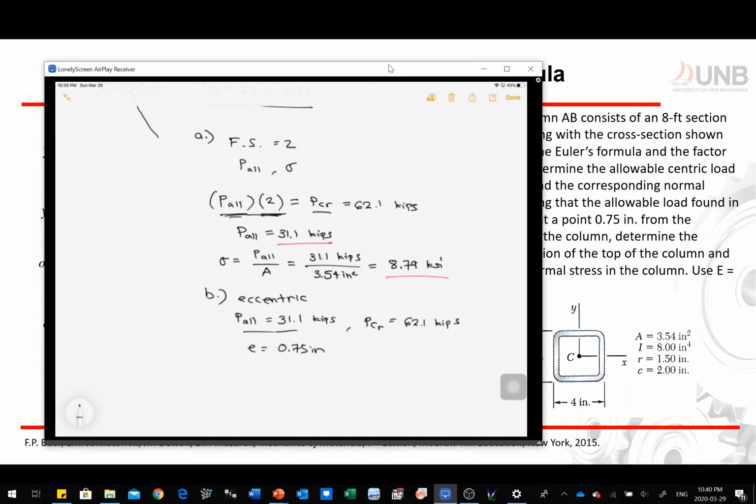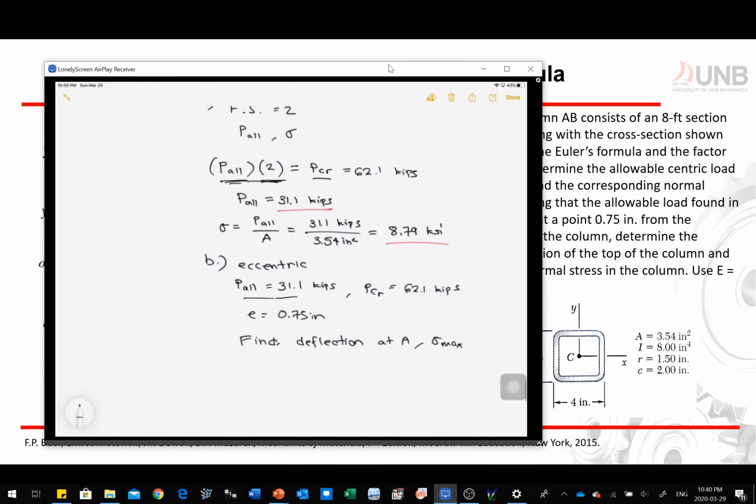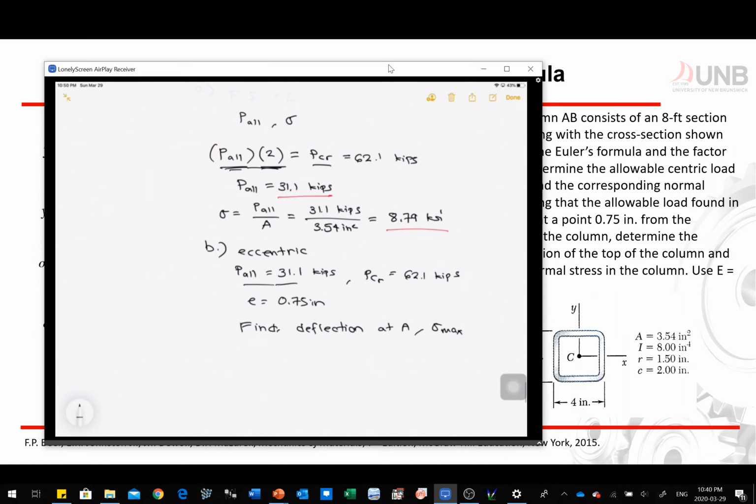So we need to find the deflection at A, and we are also interested in our sigma maximum. So that's our objective for B.